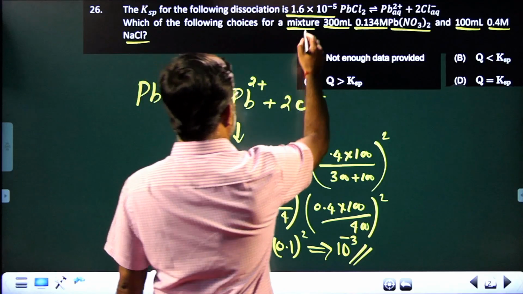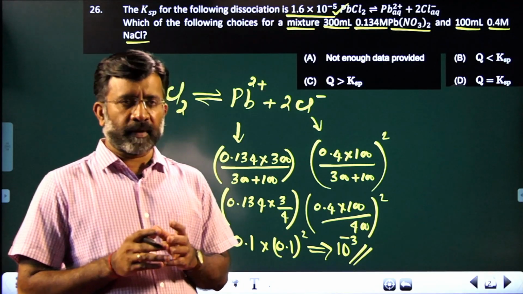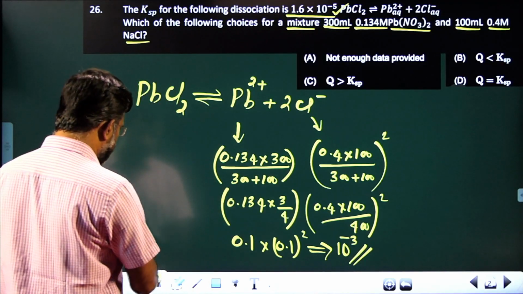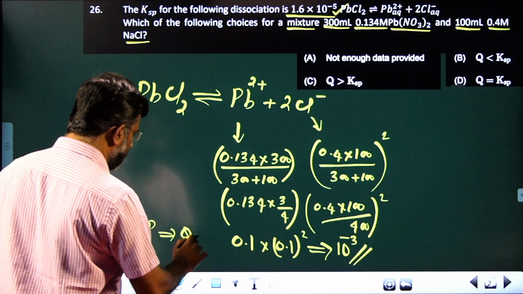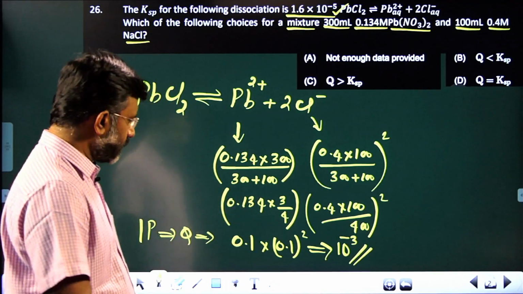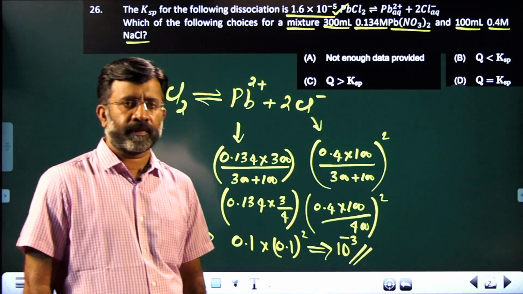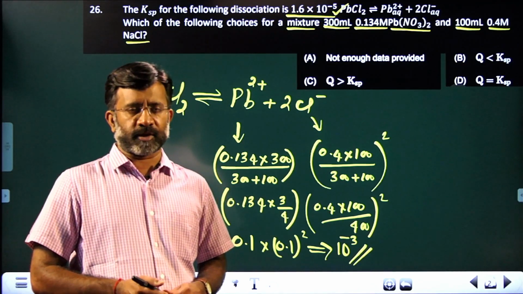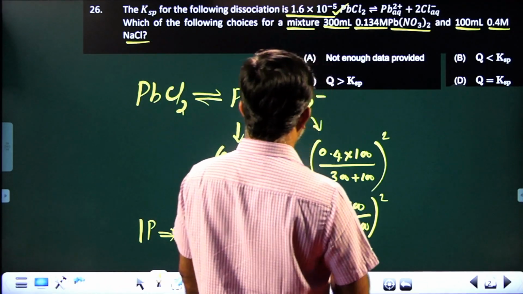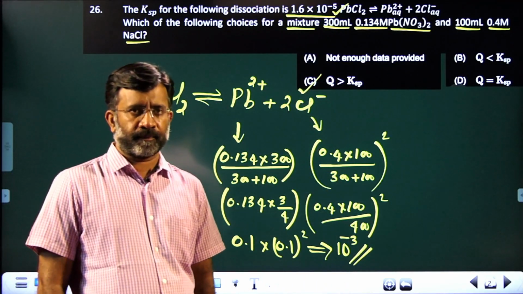And look at the Ksp value, it is in the order of 10 power minus 5. This is the IP value, called Q here. Q means reaction quotient, or simply ionic product. You find the Q value greater than Ksp, and you know that causes precipitation. The answer is option C. Q value is greater than Ksp. Right?